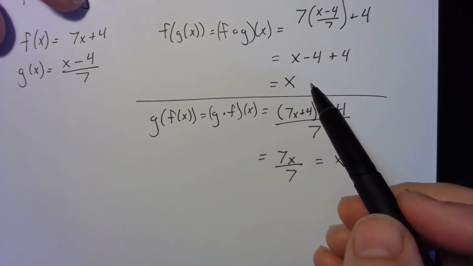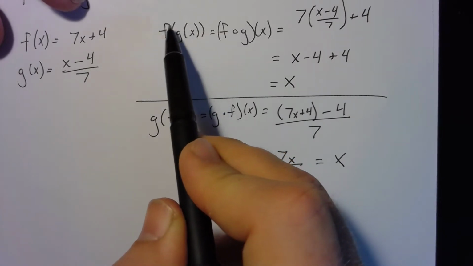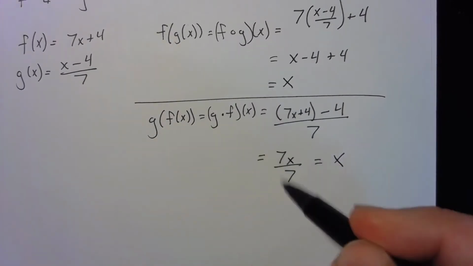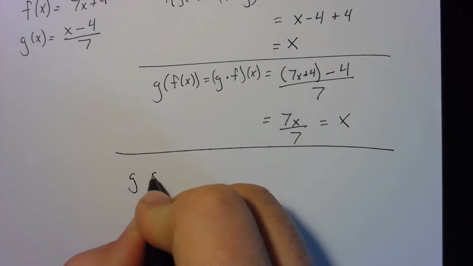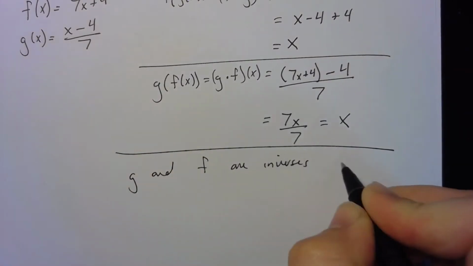So if I plug a number in for g, plugging that result into f will spit back the exact same number I plugged in. If this works in both directions, then we can identify that g and f are inverses of each other.